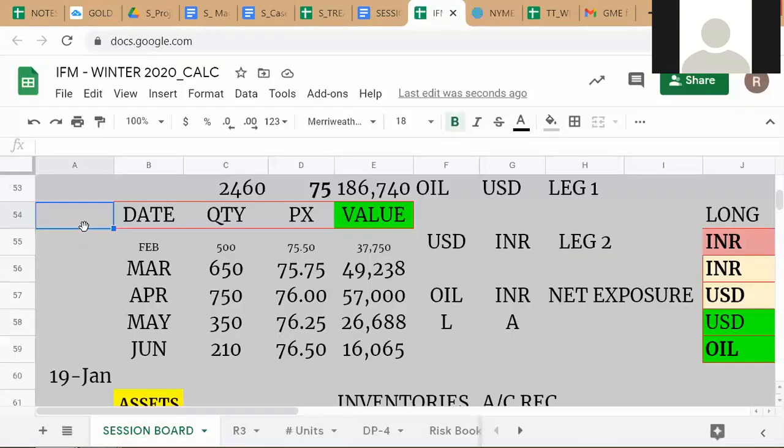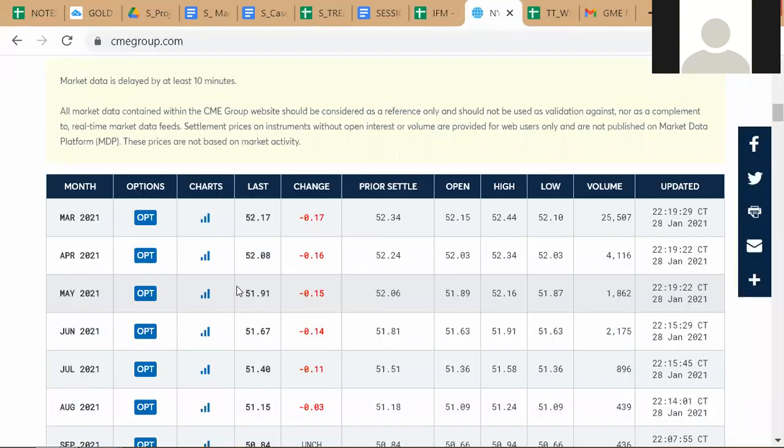So instead of hedging 650 for March, you will actually sell 1960 March contracts. We'll discuss this later when we discuss the example. We'll make sure that everybody understands.